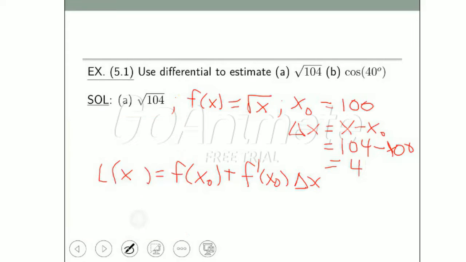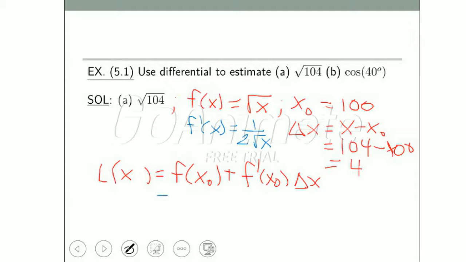Okay, let's do it in blue here. We know f prime by the regular power rule is just 1 over 2 square root of x. So we have everything basically.